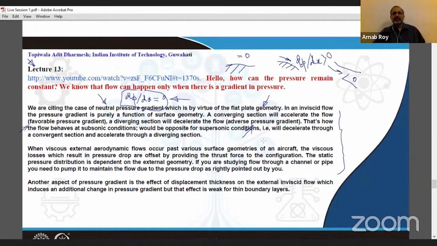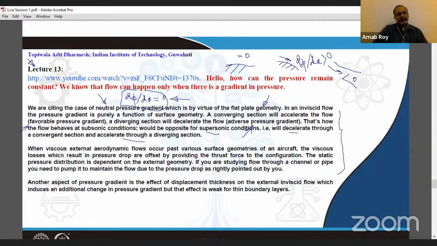However, in the upcoming sixth module, you will see that some counterintuitive things happen in supersonic conditions. That when you move a supersonic flow through a convergent section, it will get decelerated, while if you move it through a diverging section, it will get accelerated. So such things which are slightly counterintuitive will be seen in module 6.